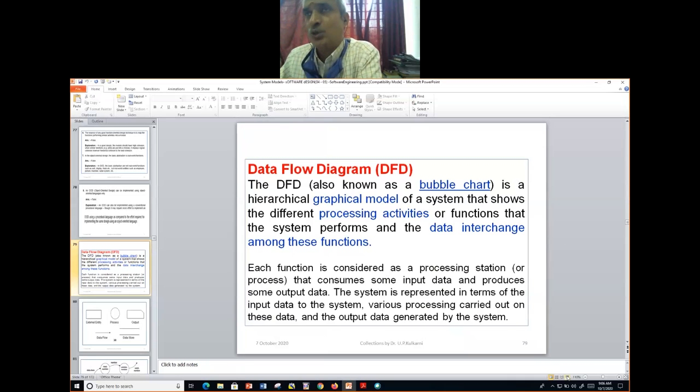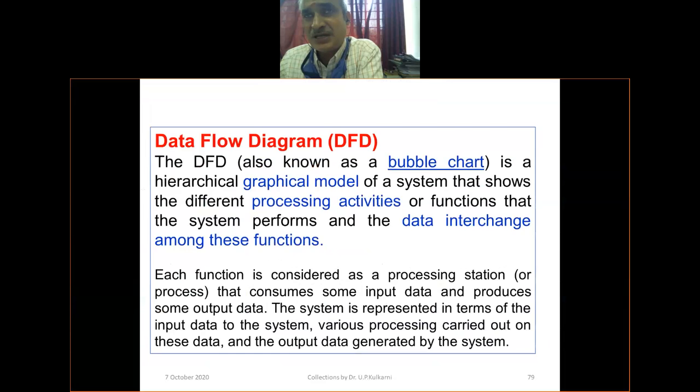We have already gone through the state diagram, sequence diagram, and use case diagram. You can consider those as models representing various perspectives of the system. Please remember, various perspectives. One of the perspectives we are going to see today is the data flow diagram. In this data flow diagram, what we focus on is the different processing activities and how data gets transformed from the input to the output.